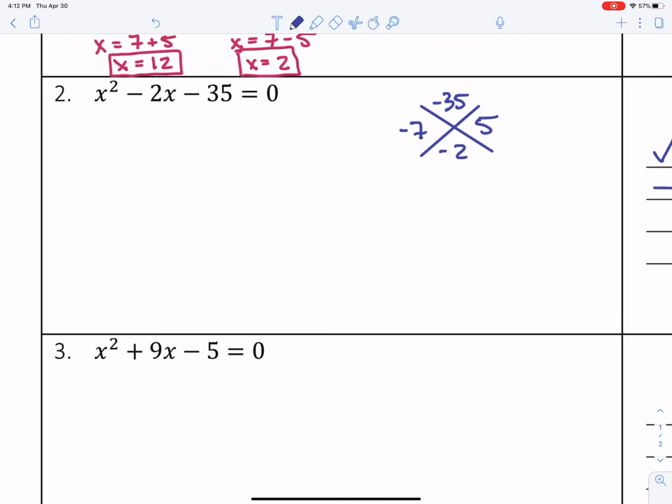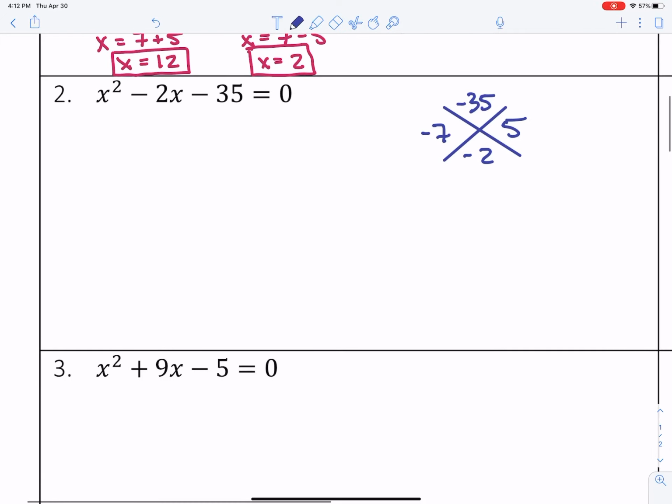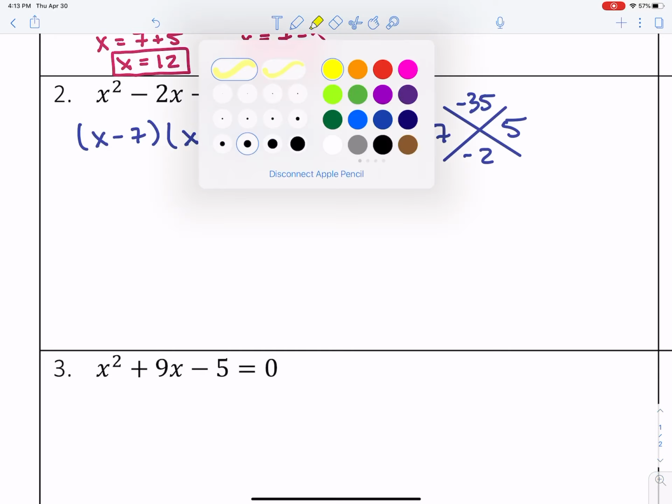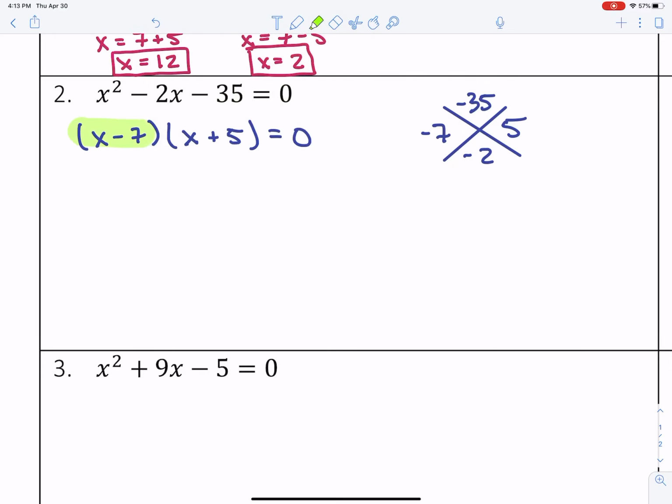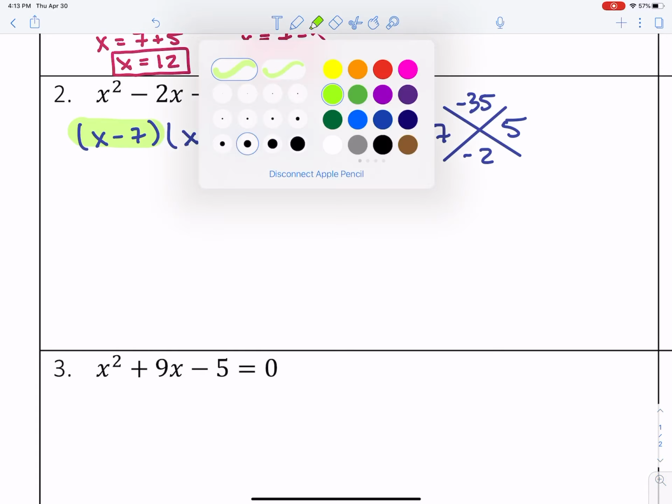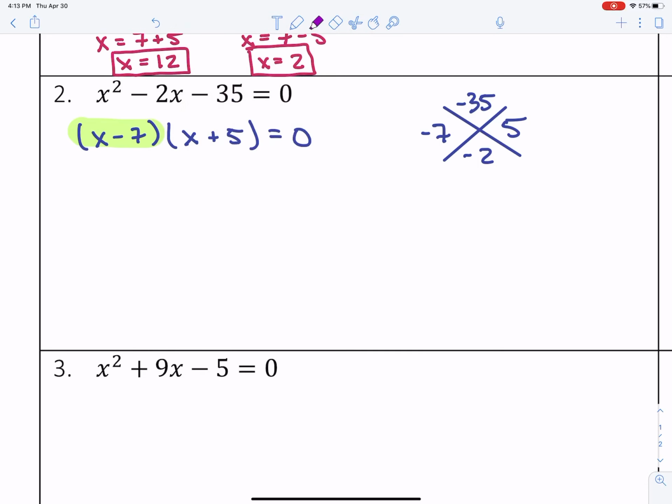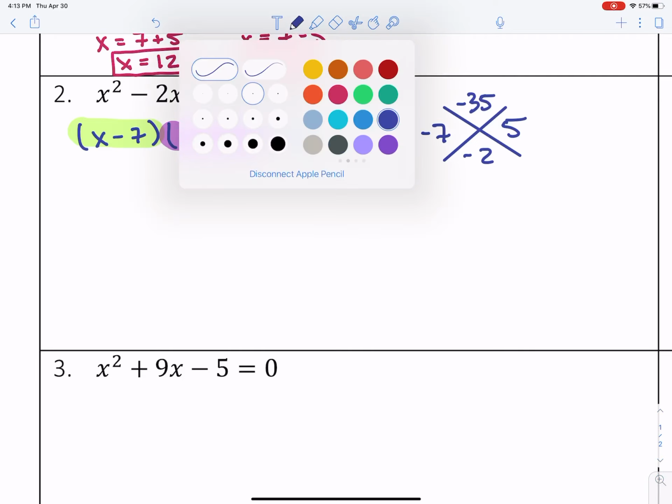What's so cool about something that's factorable is that it turns into a super easy equation to solve. We can factor it pretty easily. And then once I set that up, switch over to green, using our zero product property, this has to be equal to 0.